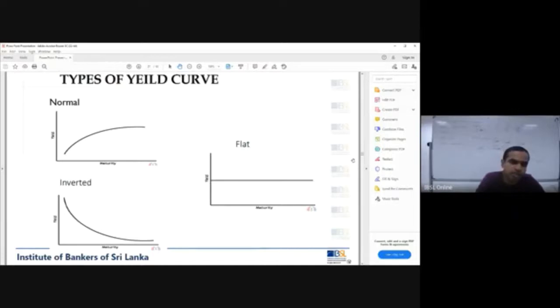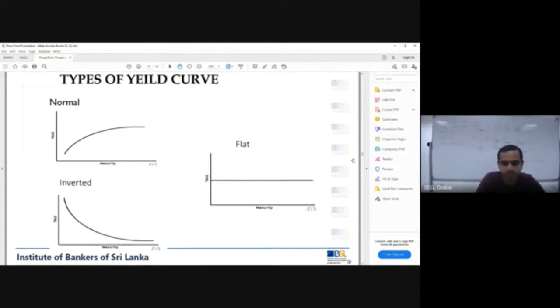Now your yield curve will be upward sloping if you expect interest rates to go up, right? Interest rates will generally go up if the economy is doing well and progressing. So there will be a natural increase in interest rates if an economy is performing to standard, to expectations, right?